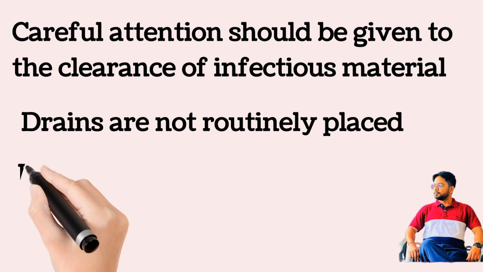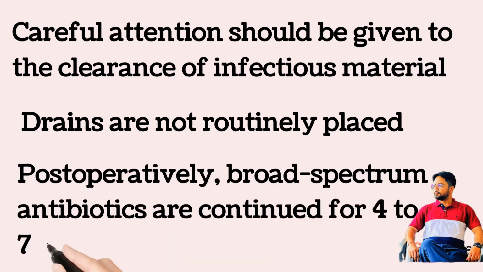Drains are not routinely placed unless a discrete abscess cavity is present. Postoperatively, broad-spectrum antibiotics are continued for 4 to 7 days in accordance with Infectious Diseases Society of America guidelines. Alimentation is begun after return of bowel sounds and passage of flatus and is advanced as tolerated.